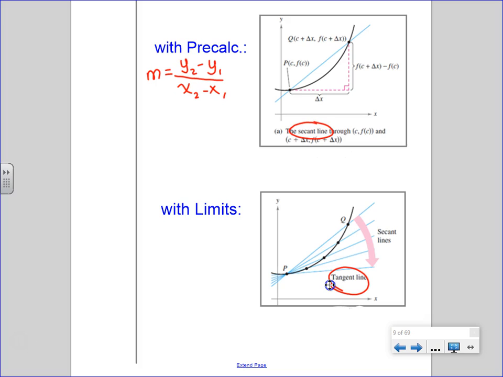And how do we do that? We could say something like, find what the slopes of the secant lines are approaching. That's what we did yesterday.